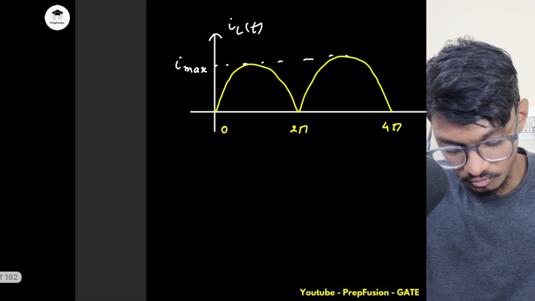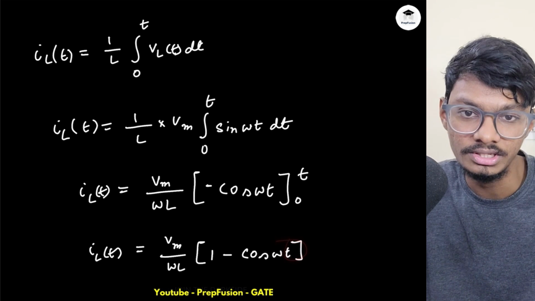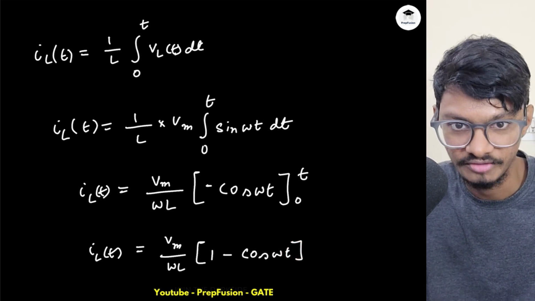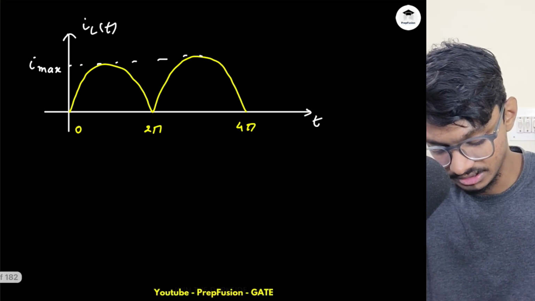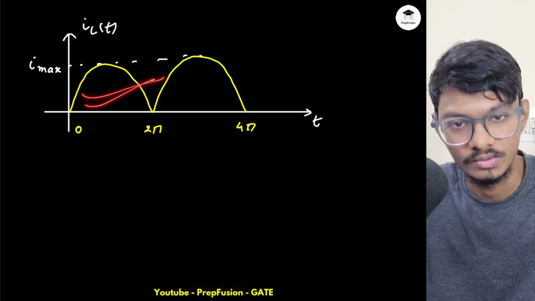If you draw the graph next, when it is going to 0, you can equate it with 0. Omega t has to be an even multiple of pi. Next, it is going to 2 pi. So the diode is always conducting.